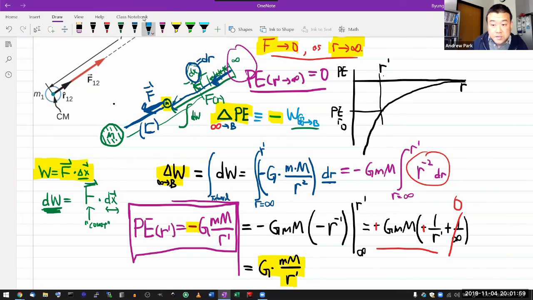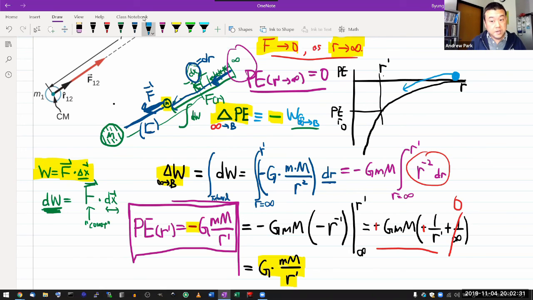And this is how I like to make sense of this. Imagine some mass that's sitting out at infinity. The tendency of everything is to go from high potential energy to low potential energy, if they could. So it will tend to roll down the gravitational potential. Some object that's very far away will tend to move towards an object that's gravitationally attracting it.